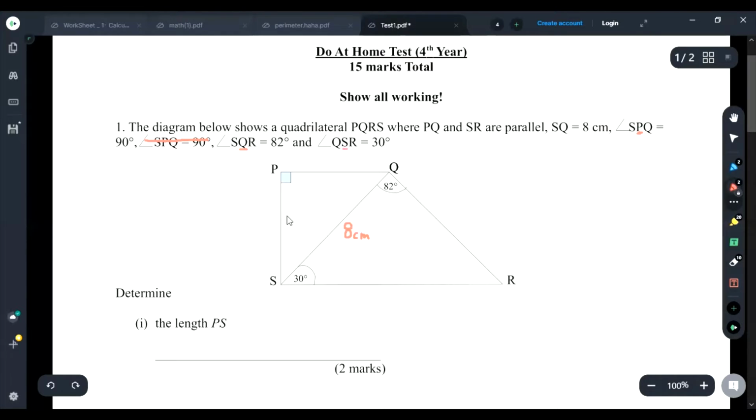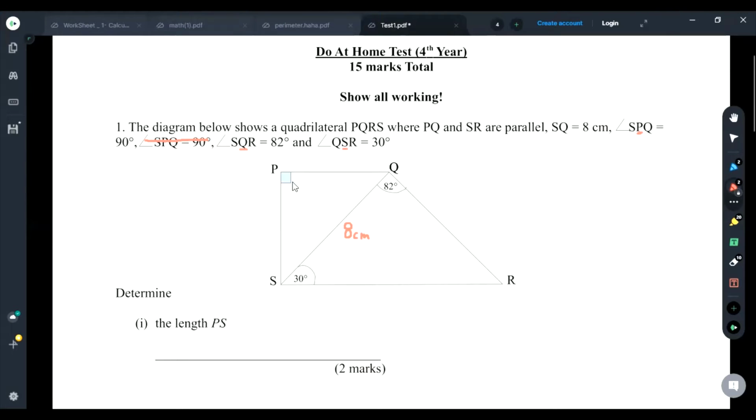Now, they want to find the length of PS, but there are things missing here. PS is this, but we need some more angles, right? Can you give me an idea of what we can do to find the other angles?